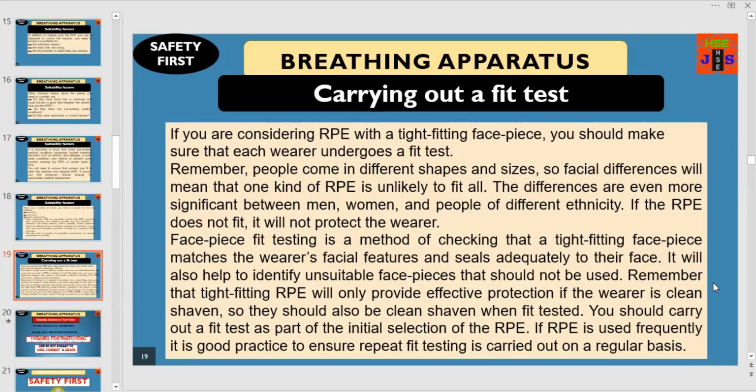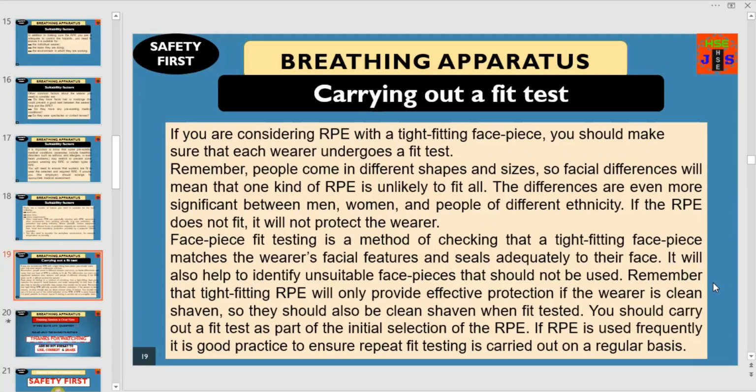So they should also be clean shaven when fit tested. You should carry out a fit test as part of the initial selection of the respiratory protective equipment.